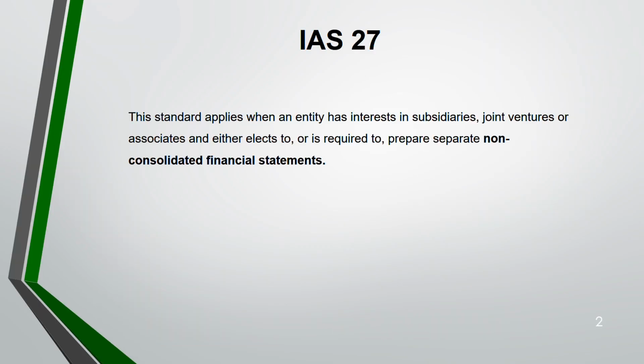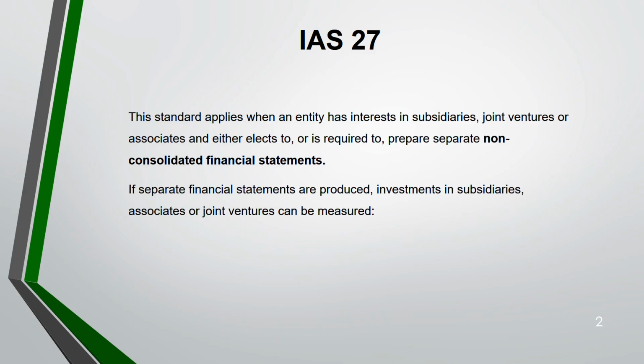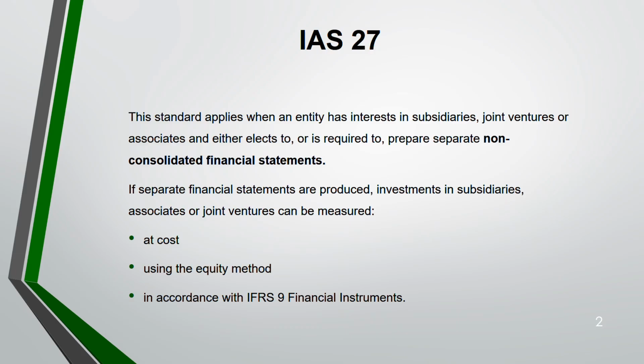This standard applies when an entity has interest in subsidiaries, joint ventures or associates, and they elect or are required to prepare separate non-consolidated financial statements. So if separate financial statements are produced, investments in subsidiaries, associates or joint ventures can be measured at cost, using the equity method, or in accordance with IFRS 9.